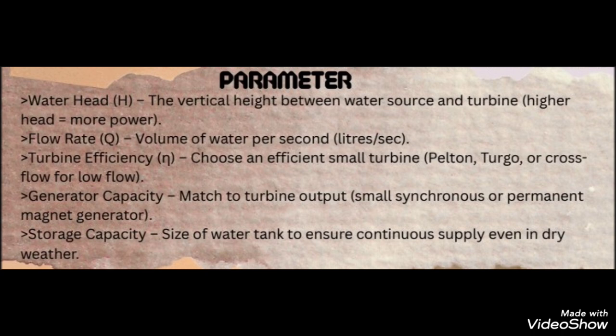Choose an efficient small turbine like Pelton, Turgo and so on. Other than that, generator capacity matched to turbine output, a small synchronous or permanent magnet generator. And last will be storage capacity, the size of the water tank to ensure continuous supply even in dry weather.